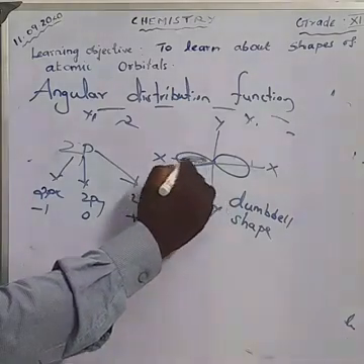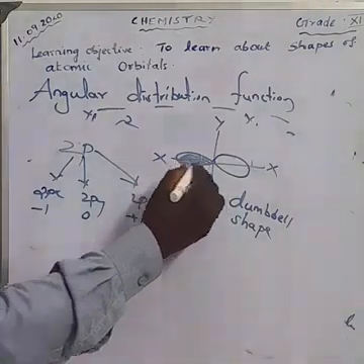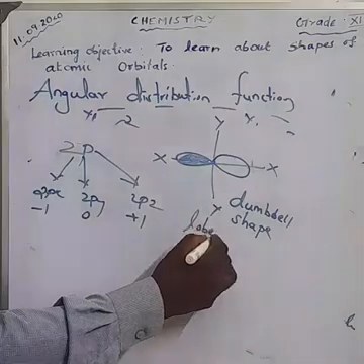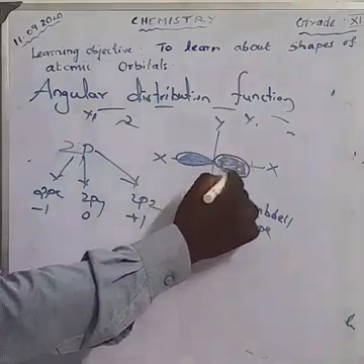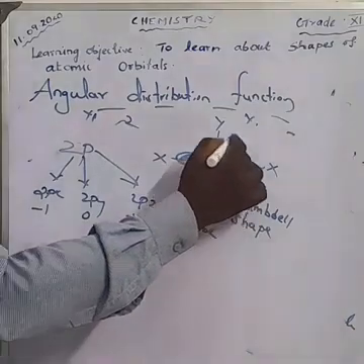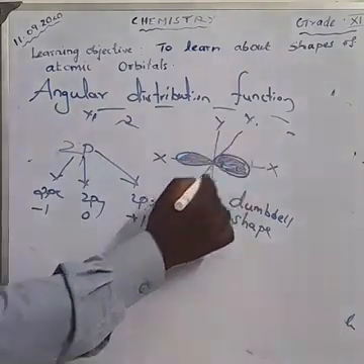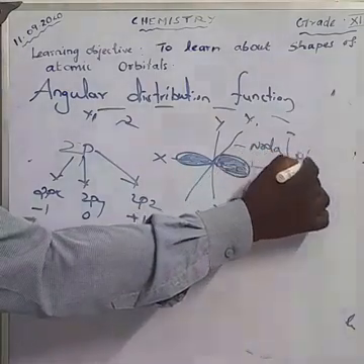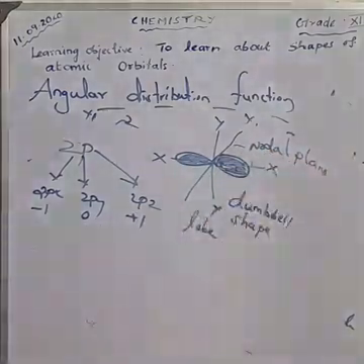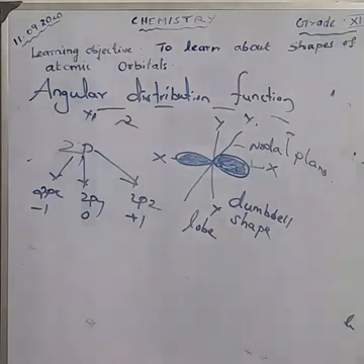Okay, this is the lobe. These lobes are separated by a nodal plane, one nodal plane. It is separated by a nodal plane in the p subshell. These are all dumbbell in shape.